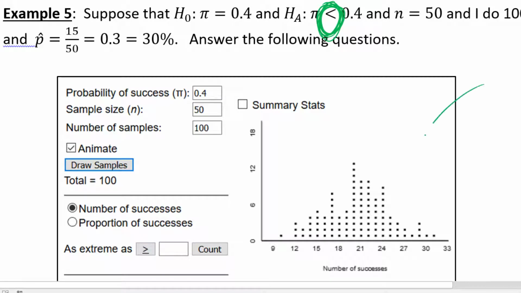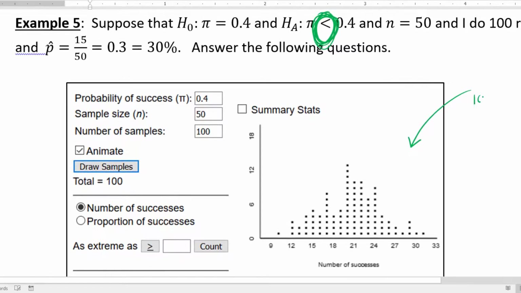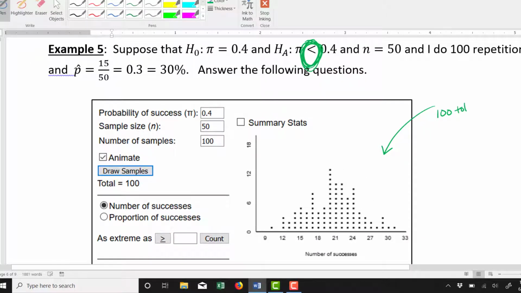Notice there are 100 total dots here. I know that because it told me that it did 100 repetitions in the beginning of the problem. I can also see that there's a total of 100 here in the simulation screenshot. So I first locate my observed sample statistic, which was 15 out of 50.